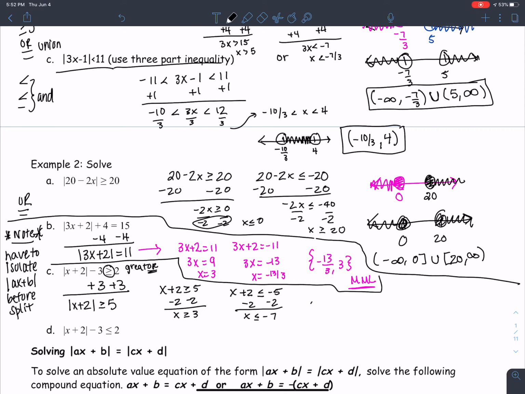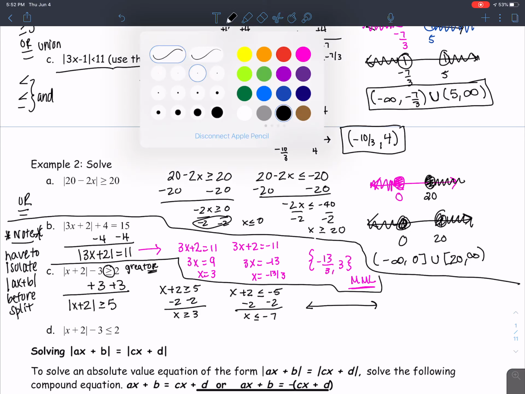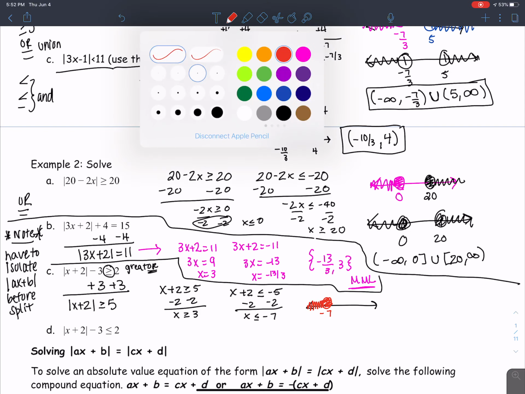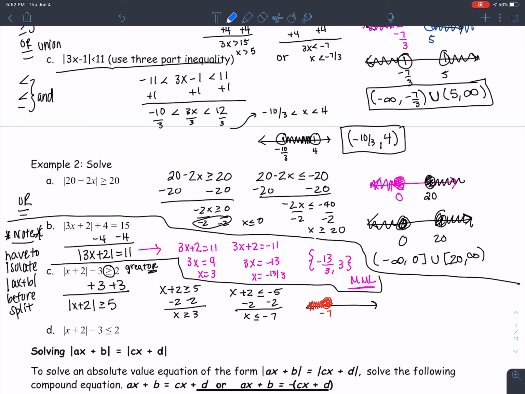Okay? So here we go. Our two different colors here. So negative 7, closed circle, less than. And then we've got 3, closed circle, greater than. Okay, it's an OR. OR means union. That means I just take it all.